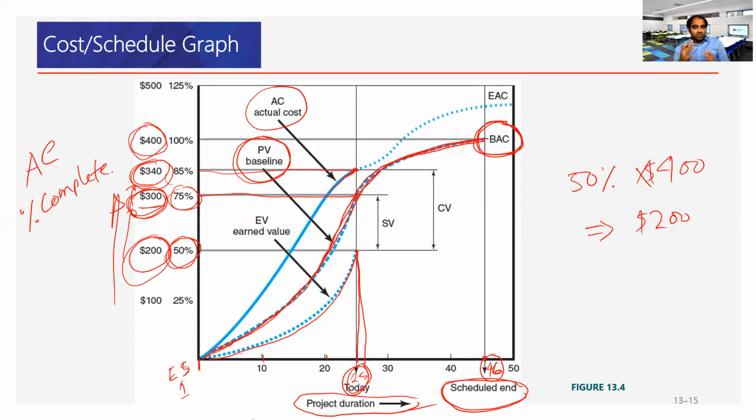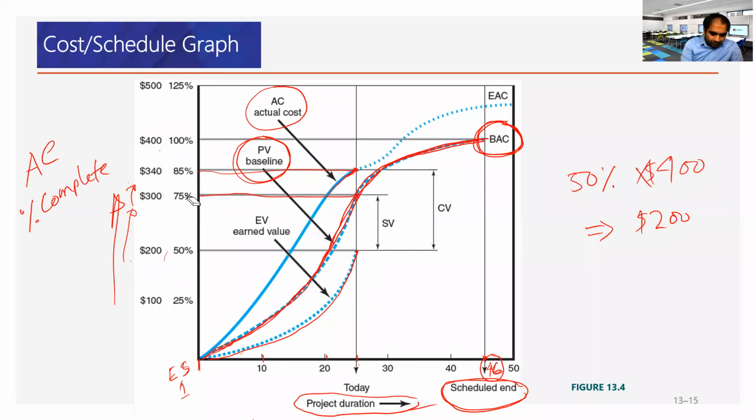After each time period, what is the actual cost and what is the percent complete? This number will help us in identifying the earned value, planned value, and all the variances. I repeat again, at the end of, say, day 25, the plan was to complete 75% at a cost of $300.